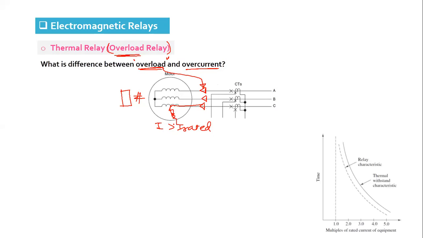Overload can be carried by any equipment for a longer period of time, because each equipment has a short time withstand capacity for carrying the overload. You can see here, this is an equipment characteristic for overload, that it can carry a certain amount of overload for a certain period of time, and that depends upon the insulation.